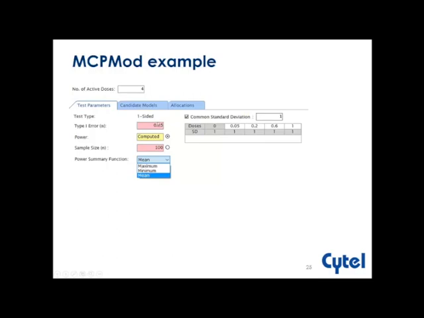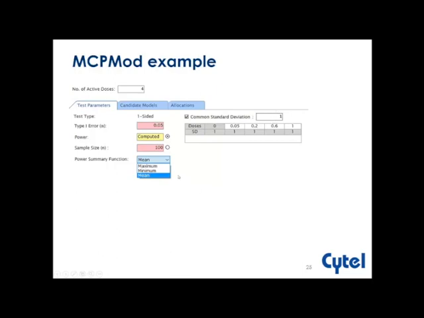We're going to do a one-sided test, by default, with alpha of 0.05, and we want to compute the power for a given sample size. Here I've chosen a sample size of 100, and if we allocate these 100 patients equally across the 5 arms, that's 20 patients per arm. And we'll choose a common standard deviation of 1.